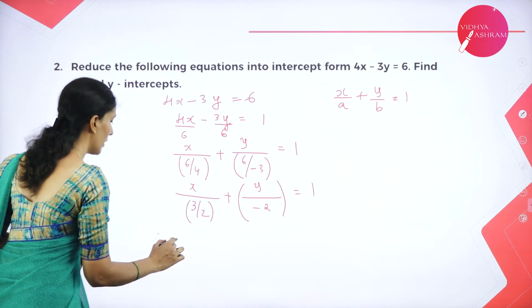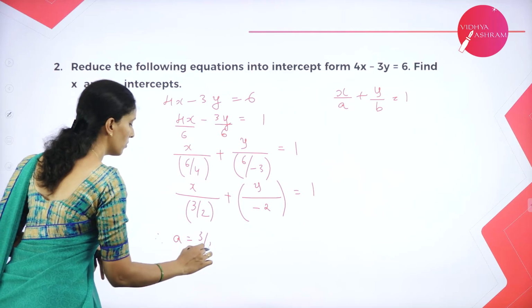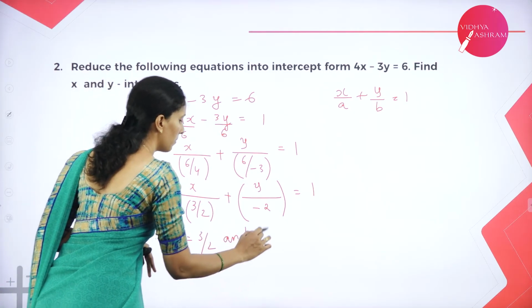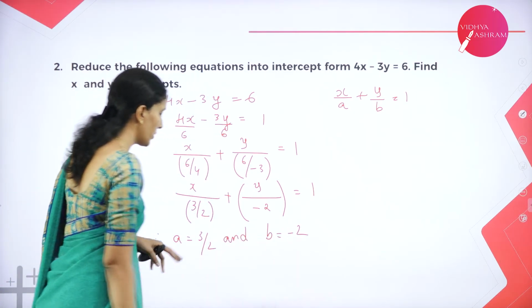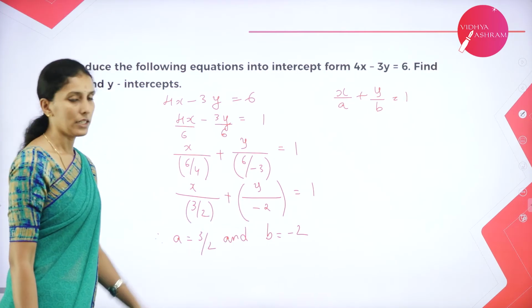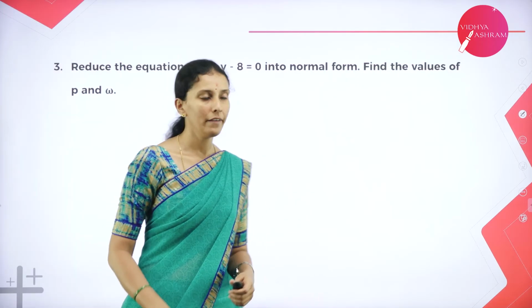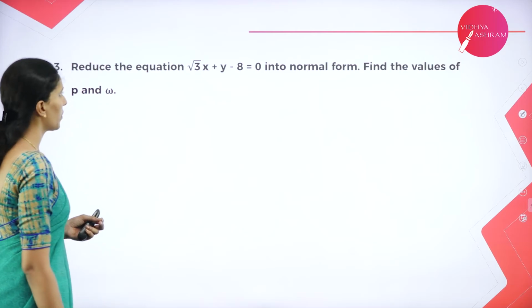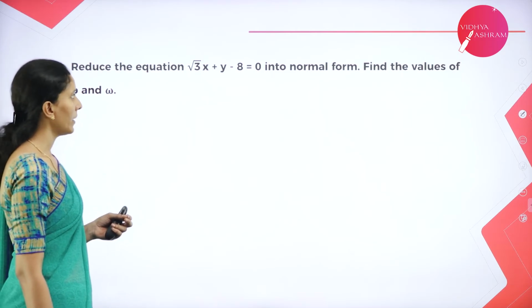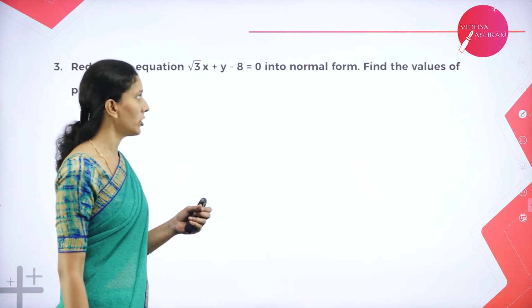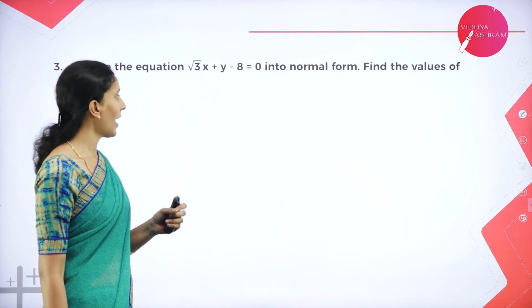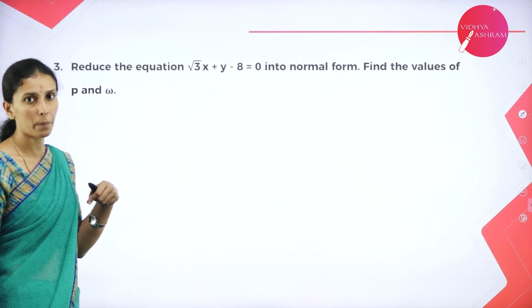So, therefore, a is equal to 3 by 2 and b is equal to minus 2, which are your x and y-intercepts. Next, we have: reduce the equation root 3x plus y minus 8 is equal to 0 into normal form. Find the values of p and omega.